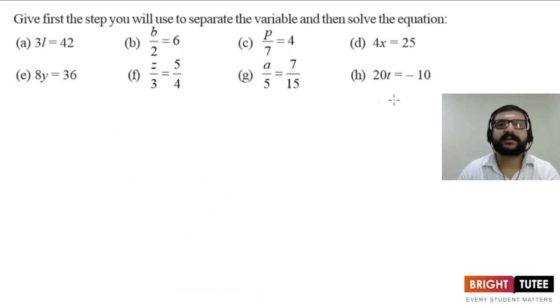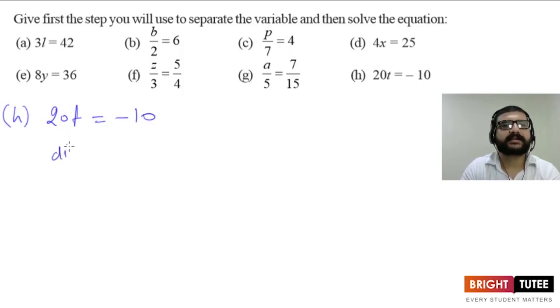Now the last part of the question, which is 20t is equal to minus 10. Now here we have to remove this 20. So let's divide both the sides with 20.